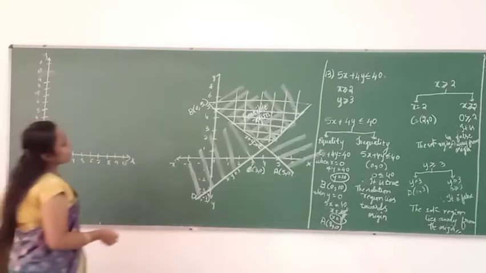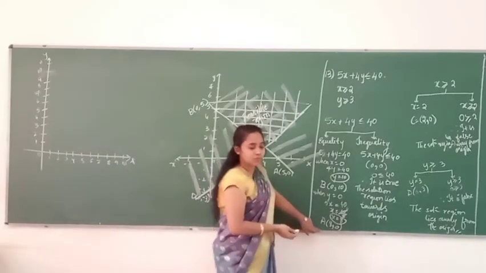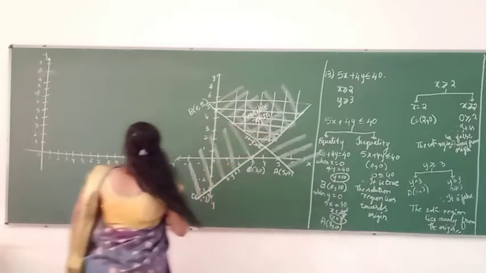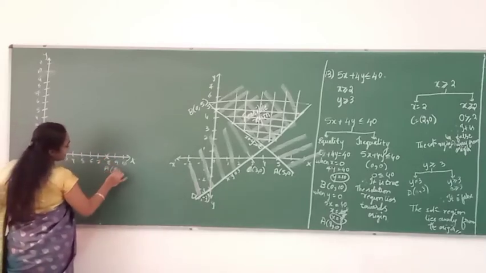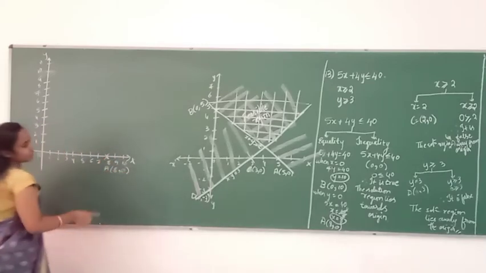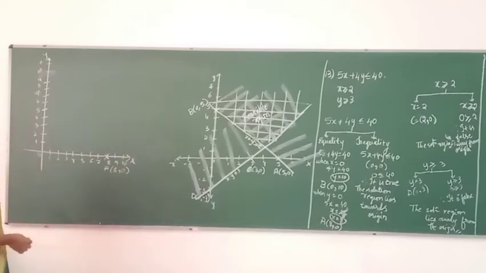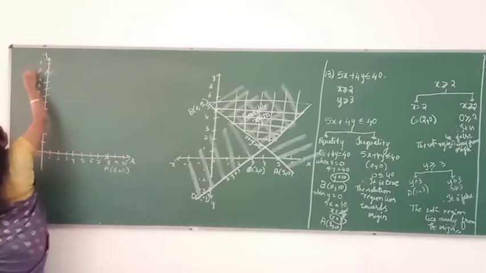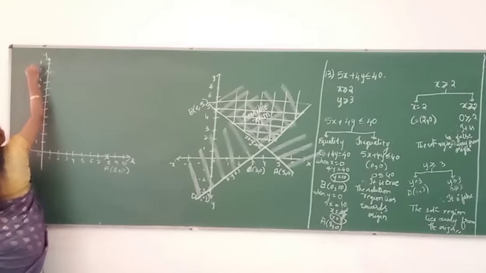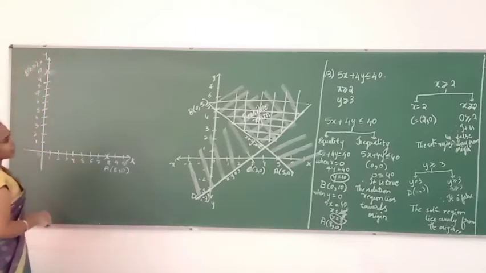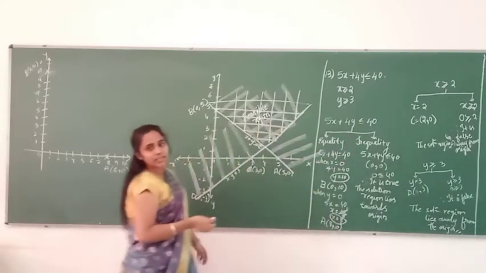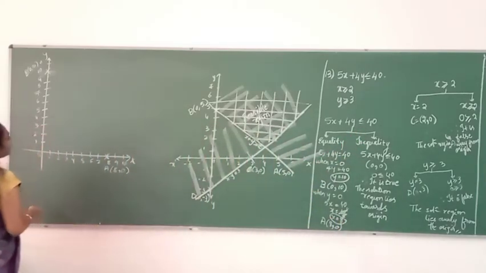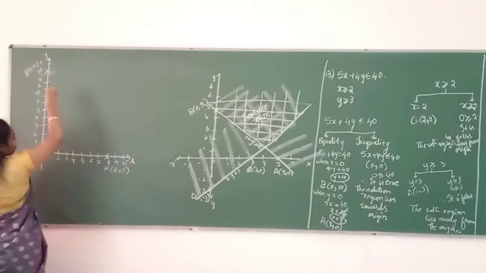So the first inequality is what here? A coordinate is what? 8, 0. So 8, 0, where are we getting here? On the x-axis. So A is nothing but 8, 0. Next B, what are we having? 0, 10. So B is nothing but 0, 10. And just check with the inequality, it is less than or equal to. So whenever it is less than or equal to, what will we be considering here? A bounded line.